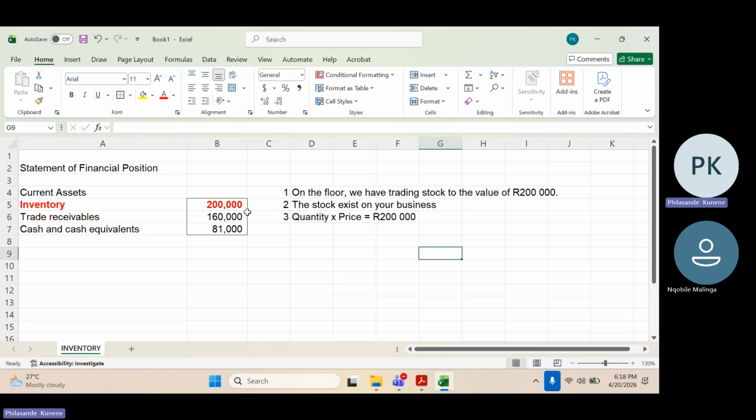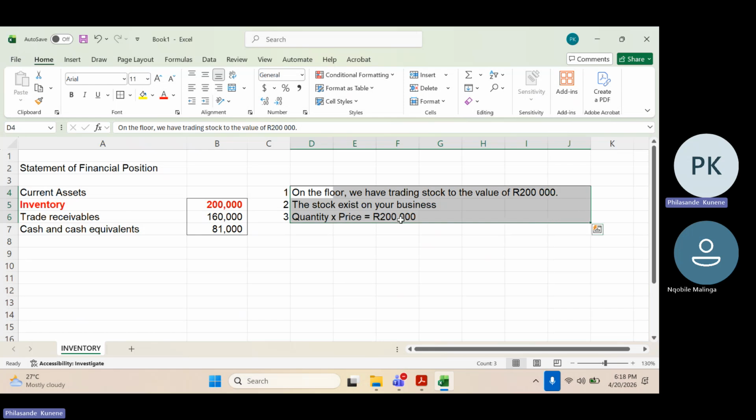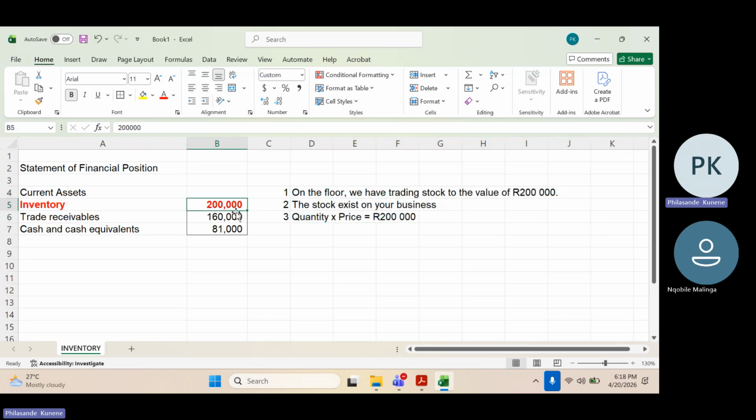If I check what I can see and it doesn't equal 200,000, then there's a problem. There's something wrong in your accounting records.